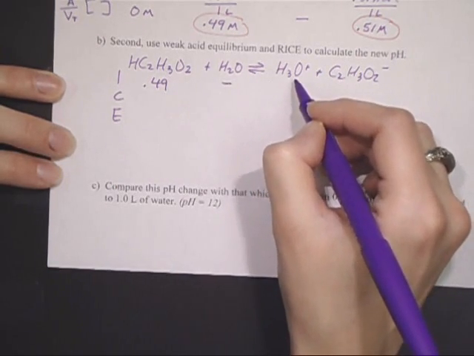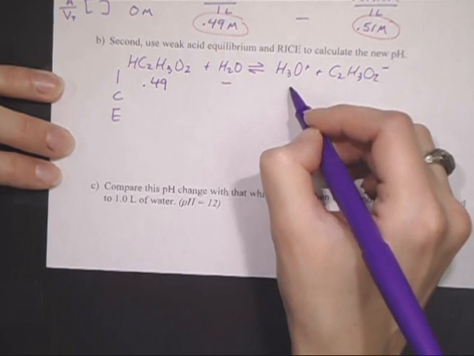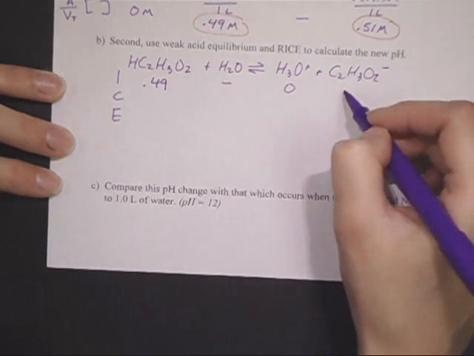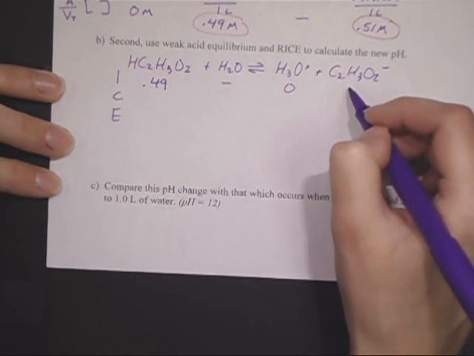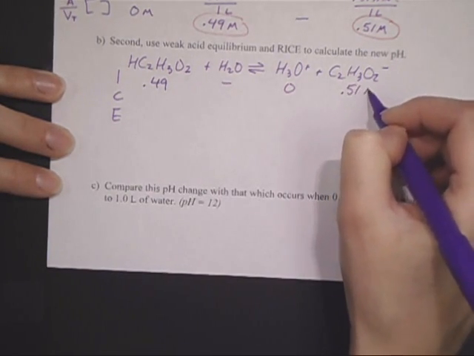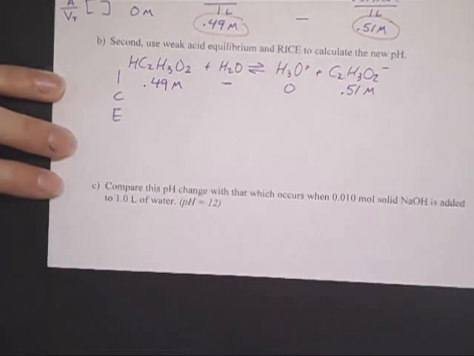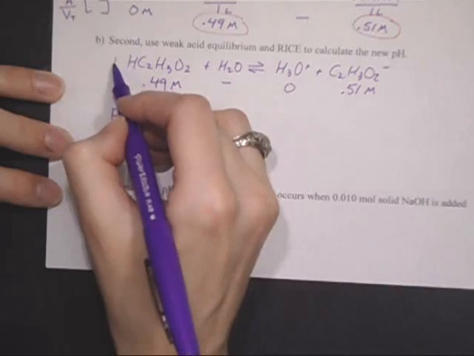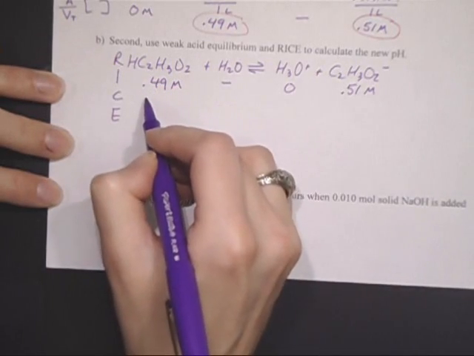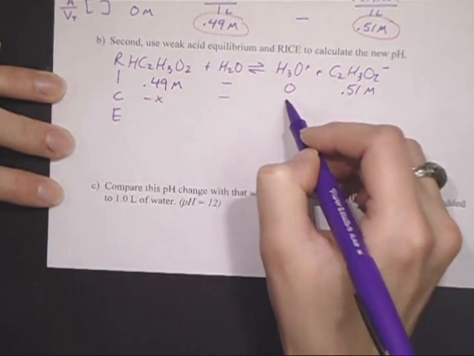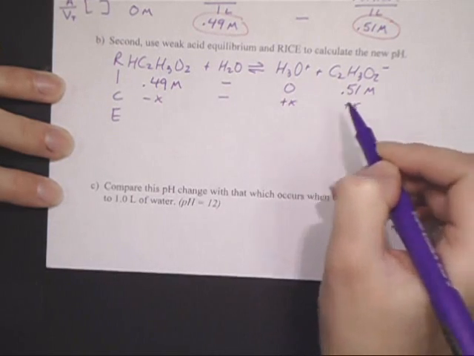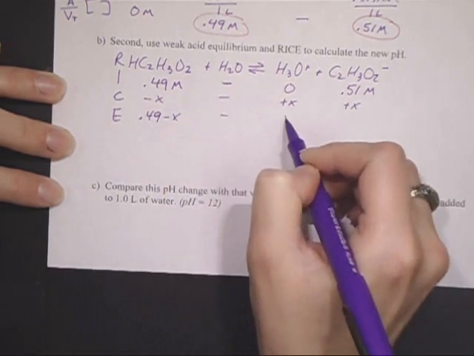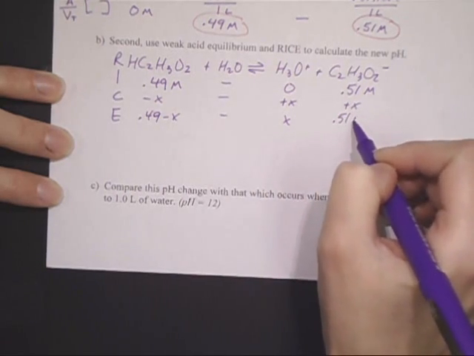Again, we're assuming that we don't have any hydronium here because what was happening before was a neutralization reaction, so it was creating water, not hydronium. And then 0.51 molar here. So again, we're back to molarity. BCA chart, number of moles; RICE table, molarity. Okay, so minus x, plus x, plus x, 0.49 minus x, x, and 0.51 plus x.